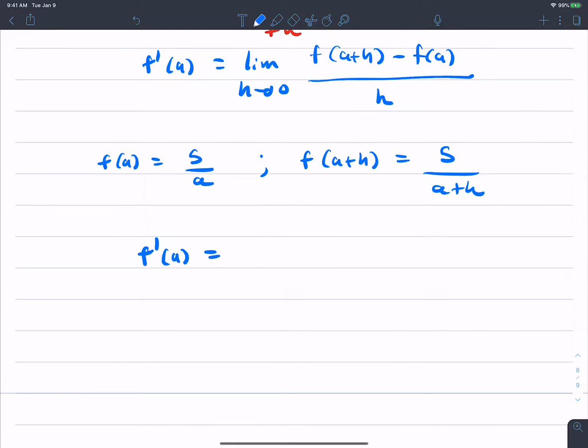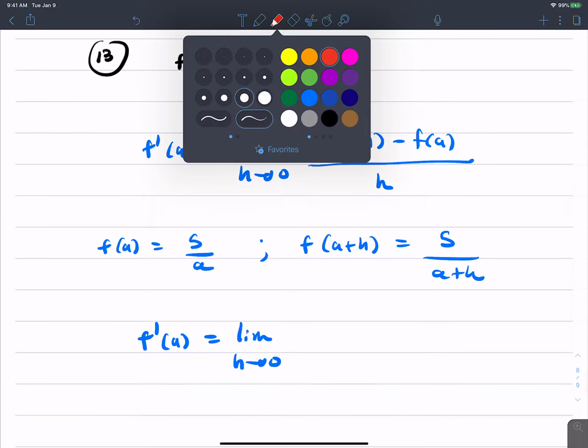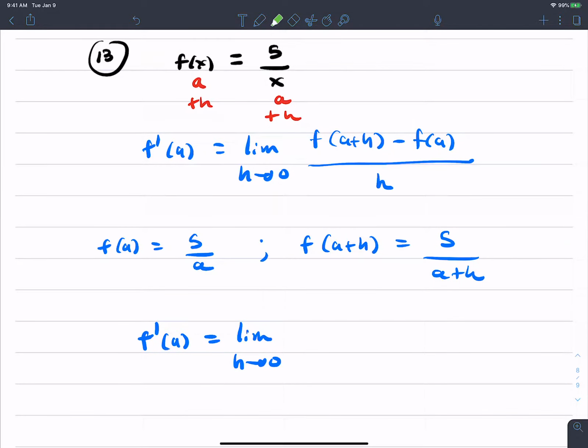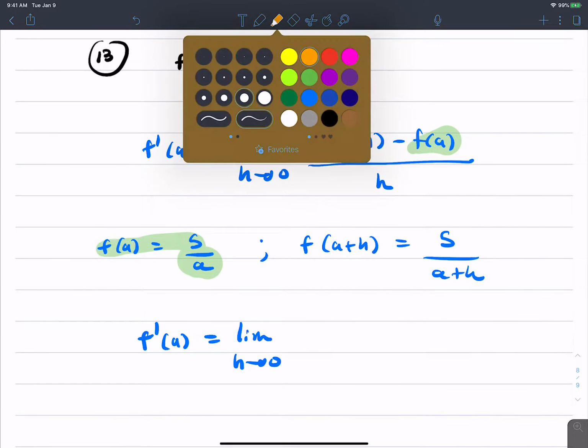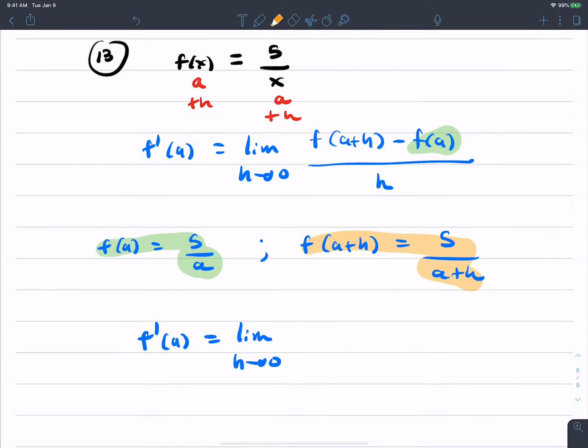F prime a, you say, is the limit as h goes to 0 now. You know where this goes.